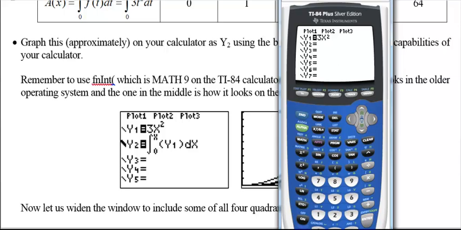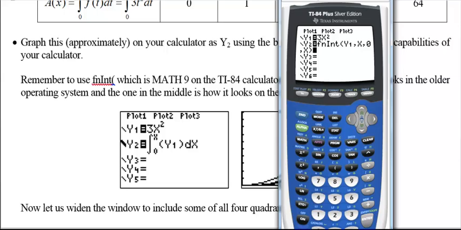And this time when you hit Math 9, it comes up function integrate, or numerical, so function numerical integration. And so this is going to be y1, which you get by variables, right arrow to y variables, function y1, and then it's x, and then it's lower limit of 0 and upper limit of x. So this first one here is the integrand, what goes in the blank here.